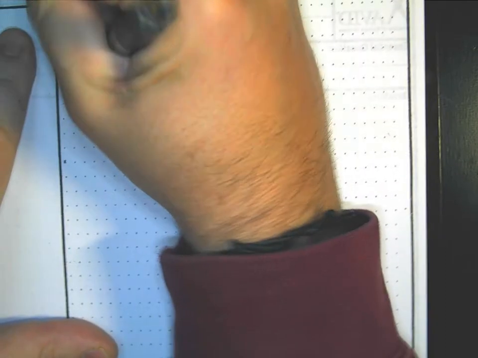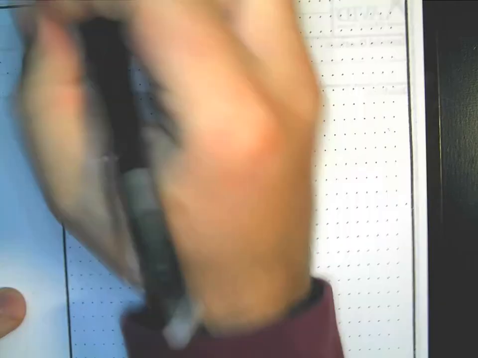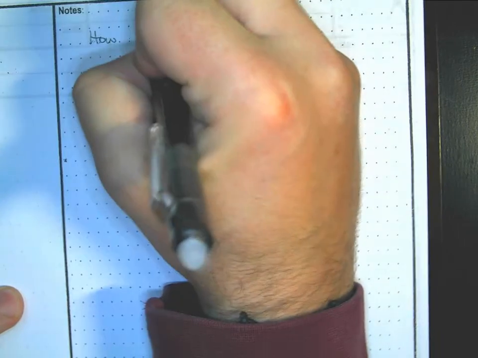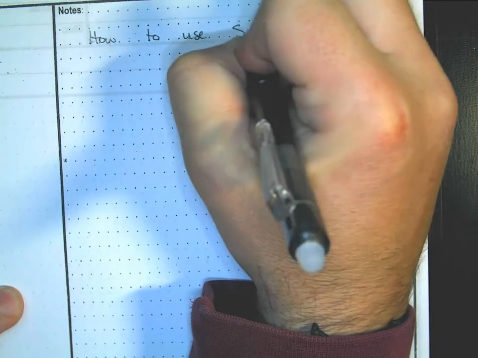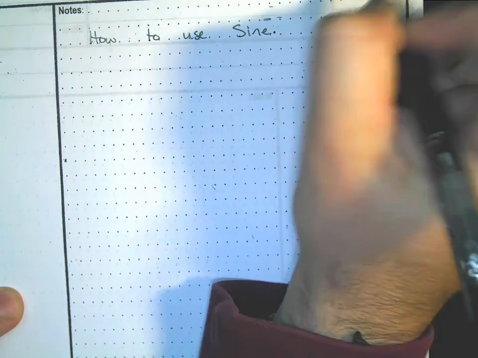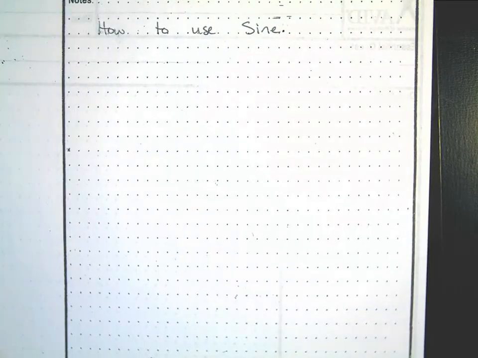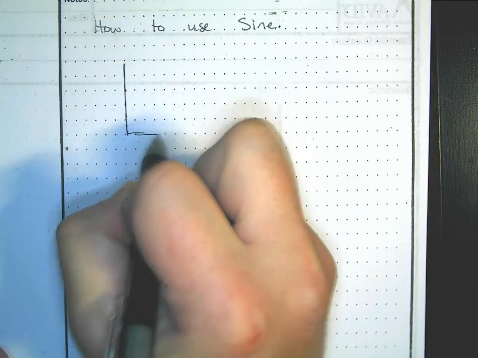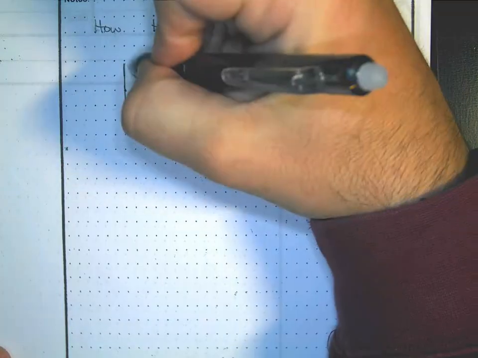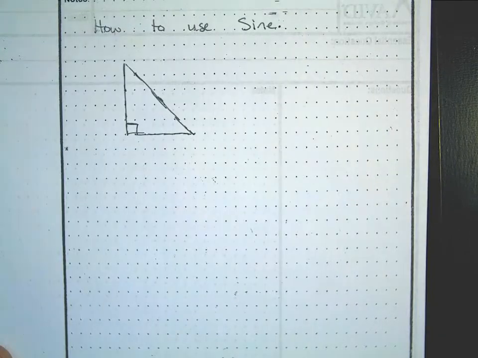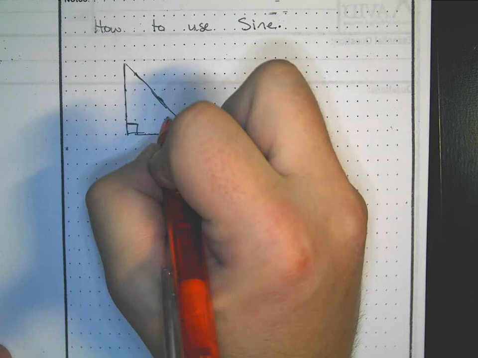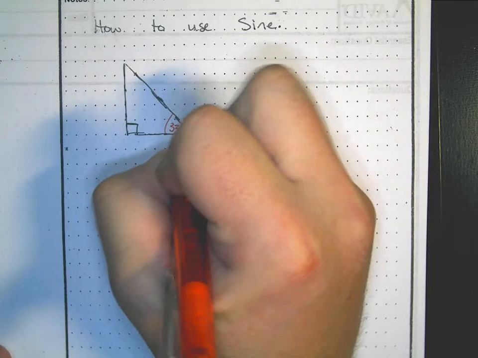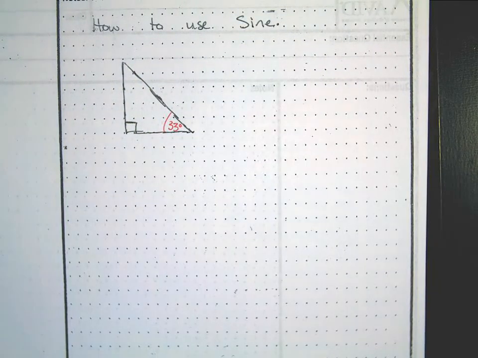so this next section will be how to use sine. So say I'm given this triangle. And we're going to be told that this angle right here is measured at 33 degrees.